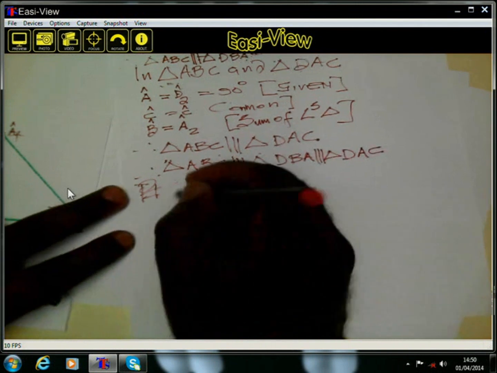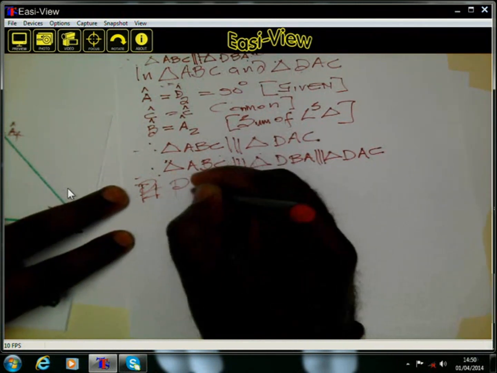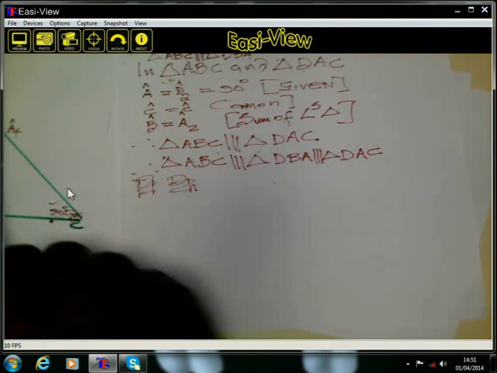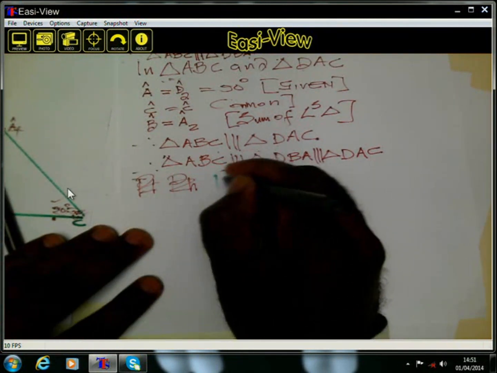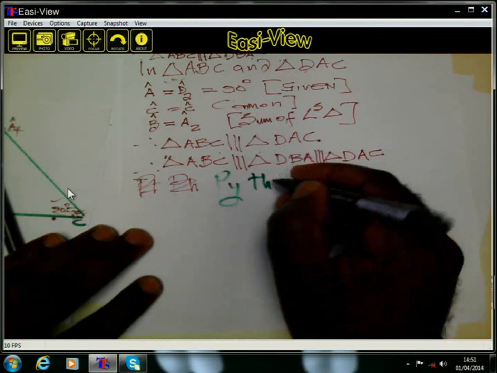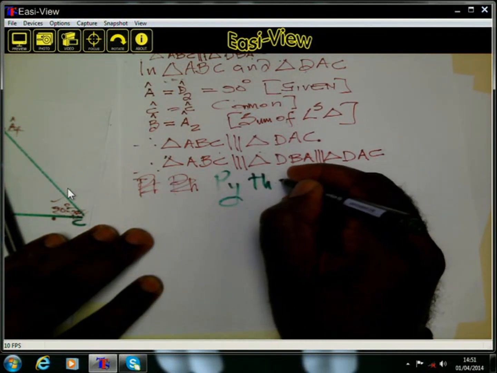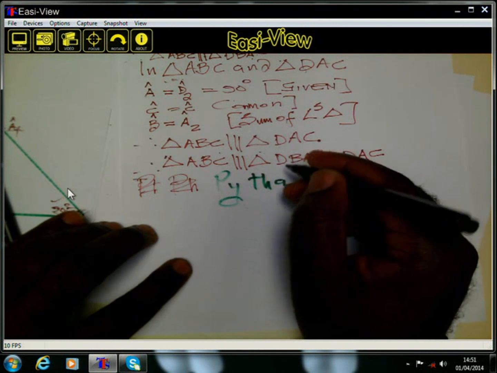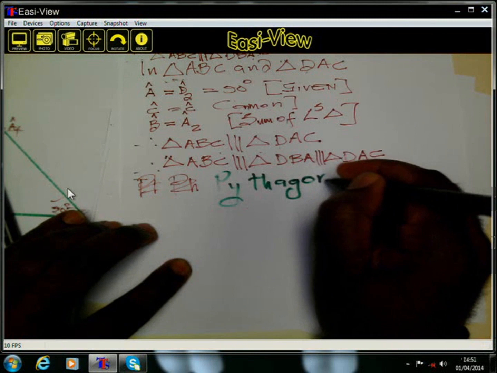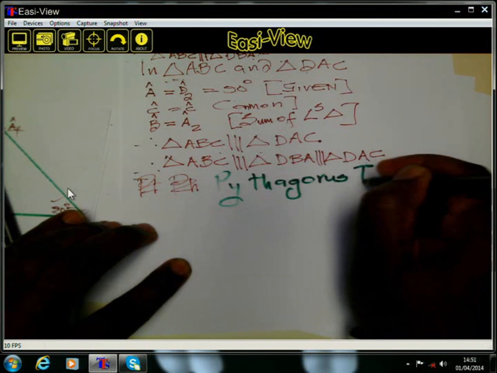Pythagoras theorem is a theorem that entails a right-angled triangle. The conclusion that we have come up with here introduces us to this lovely theorem.